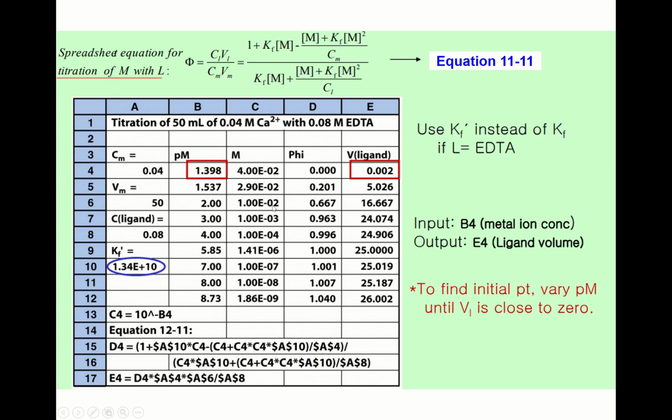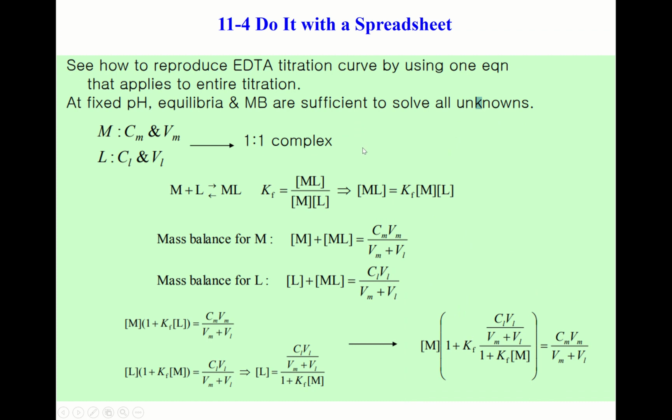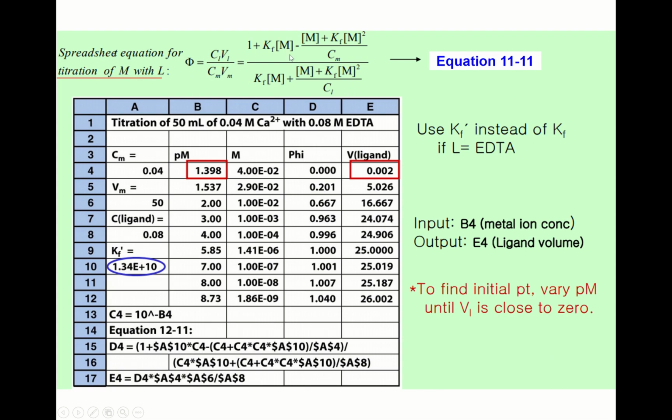Now we define phi. By definition, this is the ratio of moles of ligand with respect to the total metal moles. Using this equation here, finally we get this rather complicated equation.